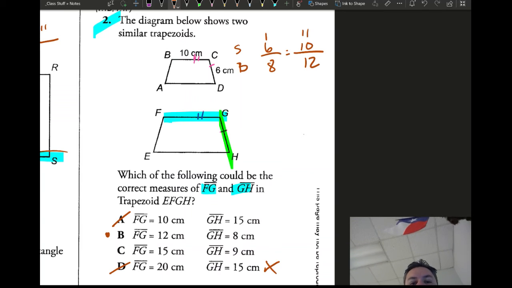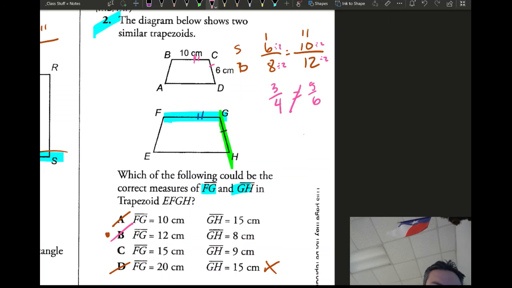If we simplify this and we get the same scale factor, then that is the one. How do we simplify this? Well, I can divide this by 2, and I will get 3/4, right? So if I simplify this one, I can divide this by 2, and I get 5/6. Are those the same? No, so it's not gonna be B, so it has to be C.